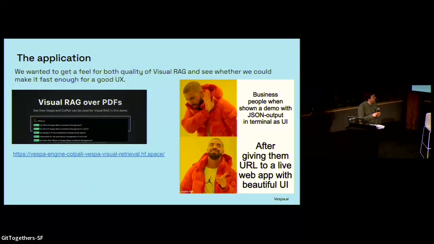Why did we build it? Because we built a demo that had a nice JSON output and no one was impressed. Surprise. So we wanted to see if we could build something like a UX on top of this that had a snappy search response and a good user experience.